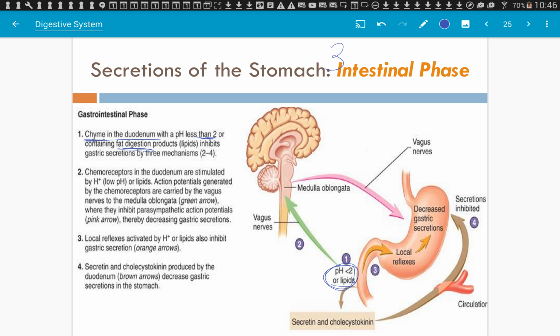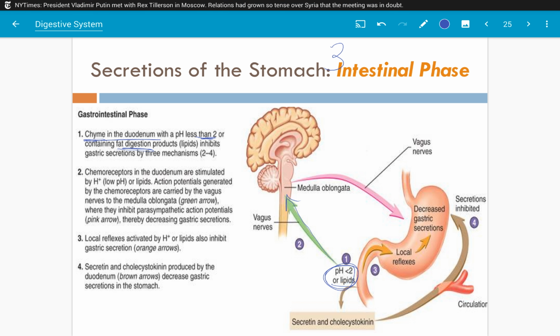So how this works, if the pH is less than 2, you have little chemoreceptors in the duodenum, the very first part of your small intestines, and they will pick up on the fact that the pH is less than 2. Not good. So that information that the pH is less than 2 is sent via the vagus nerve up to the medulla oblongata, saying pH is too low, we've got to fix this problem.